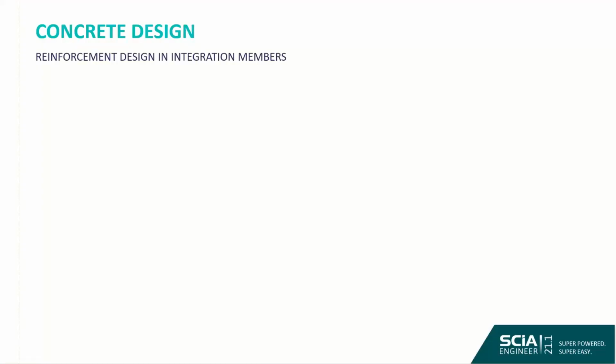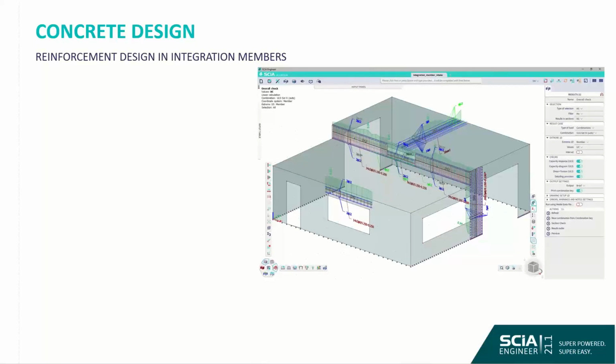So those were parts regarding the graphical interface and the components and what we allow. Let's have a look also at the concrete design, because there are some interesting features that were developed for this version. One of the most important, I feel, and it's very much also linked with results, is the reinforcement design on integration member.